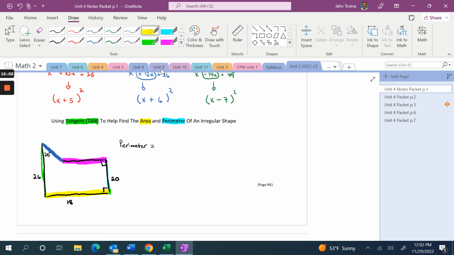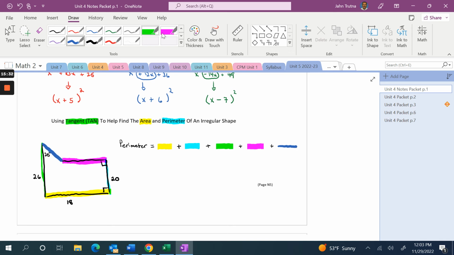Okay, so to find perimeter, I'm going to go yellow side plus the blue side plus the green side plus the purple side or violet side plus the dark blue side.